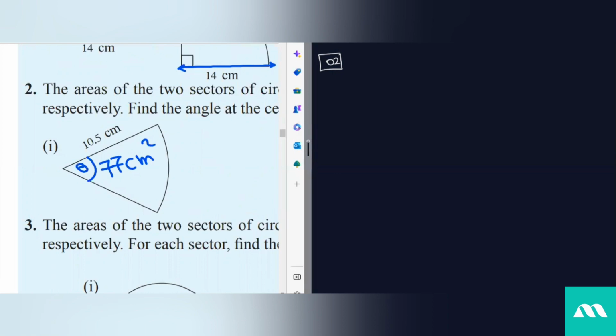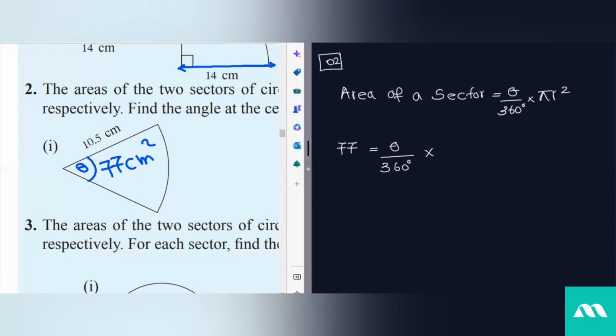Then area of a sector is obtained by theta upon 360 into πr square. Then area of a sector, it is given as 77 equal to theta, we don't know. Theta upon 360 times π is substituted by 22 upon 7.